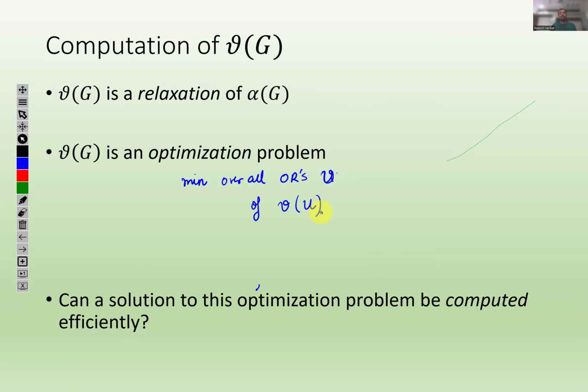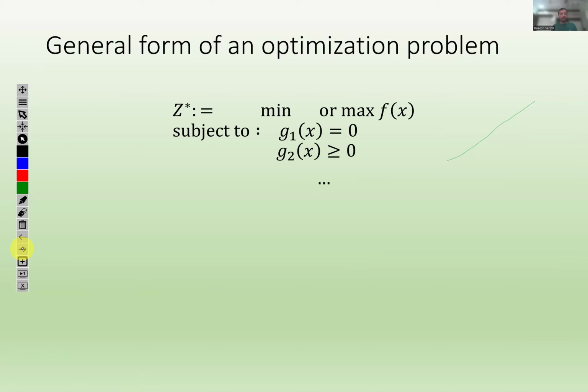We may not be able to analyze it by hand, but if you feed G to a computer, will it spit out a number which equals theta of G? To do this, let us first understand how we typically view an optimization problem from a computational viewpoint. You can think of it as an extremal problem where you want to minimize or maximize a function f of x.